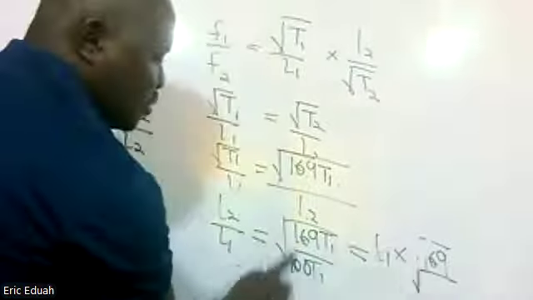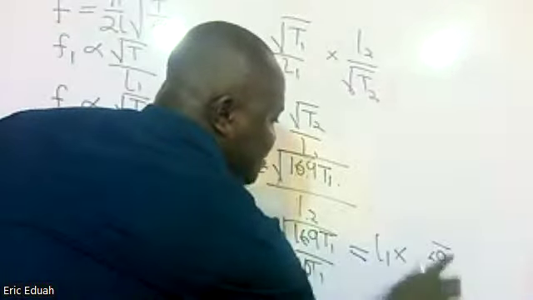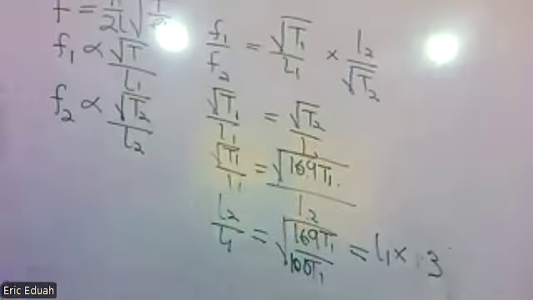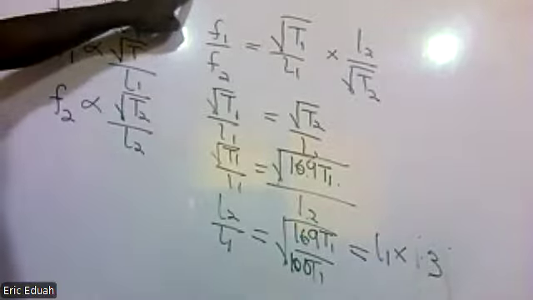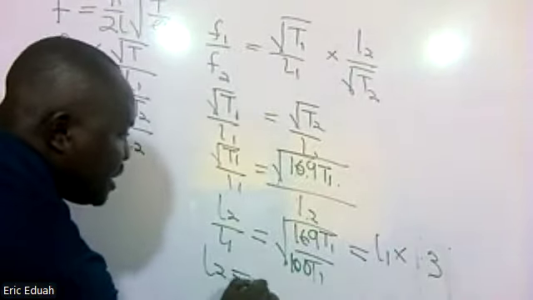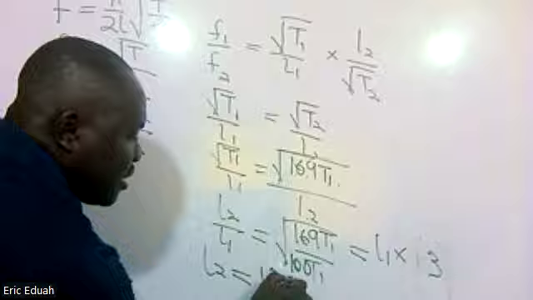When we take the square root of this, it must be equal to 1.3. So if you increase the tension by 69%, L2 will be equal to 1.3 of L1.